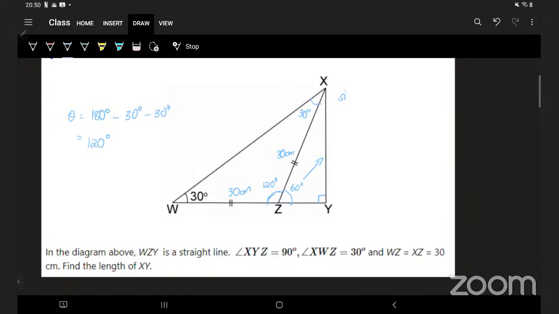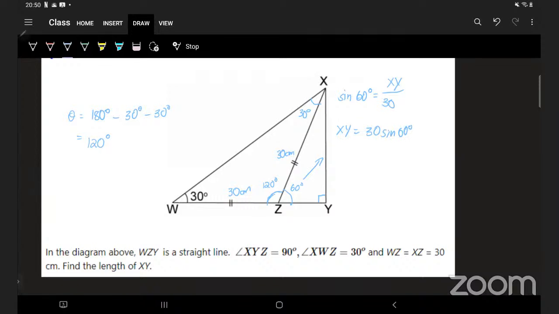So all we have to do is take sine 60 degrees is equal to the opposite, which is XY over 30, because that is the hypotenuse. So XY is equal to 30 sine 60 degrees.